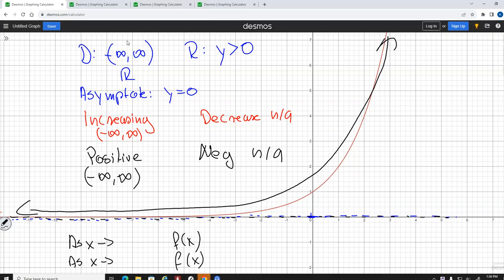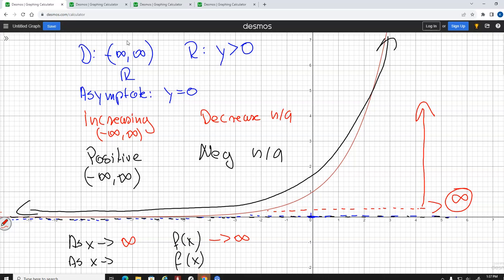So now because we have an asymptote, one of the sides is going to approach that asymptote. So if I'm looking on the positive side, as my x's are approaching my positive numbers, my function is going to be going up.